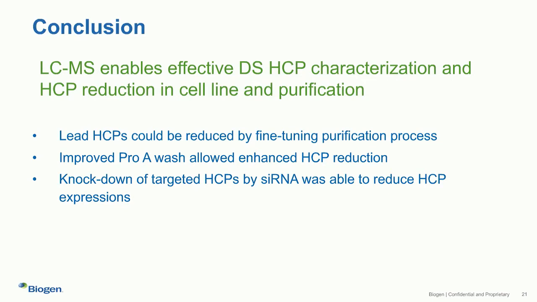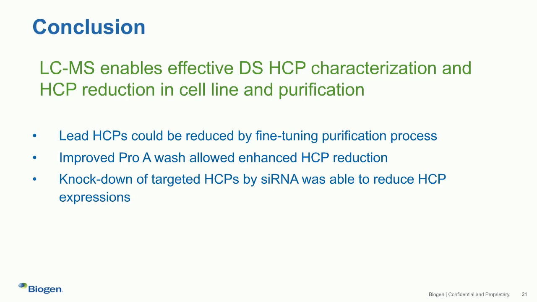So these are the conclusions. I hope I have shown that by fine-tuning the purification process, we can remove some of the lead host cell proteins, and we can also improve the Protein A wash to achieve advanced host cell protein reduction.